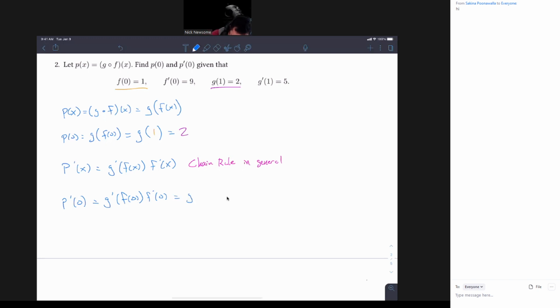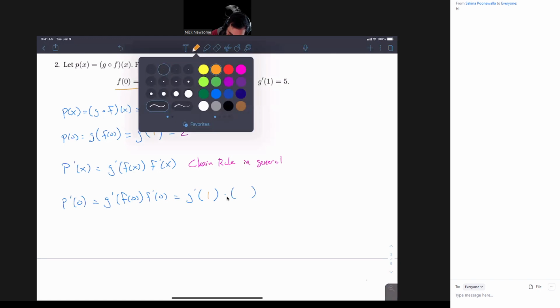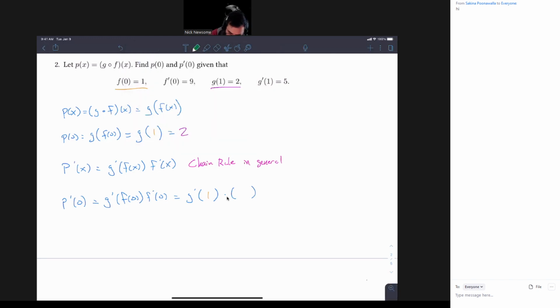Well, I know what f of 0 is. F of 0 is 1. We knew that already. And I'll use another color for f prime of 0. F prime of 0 is 9.